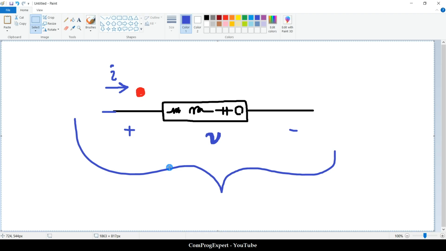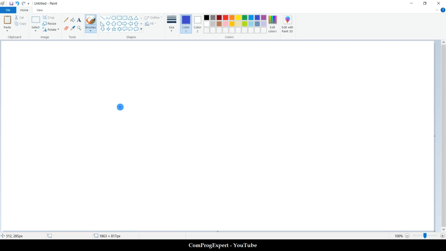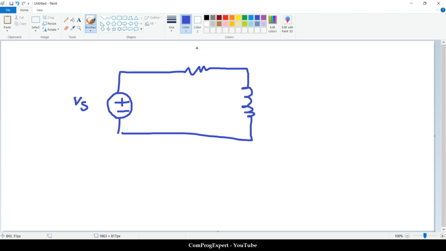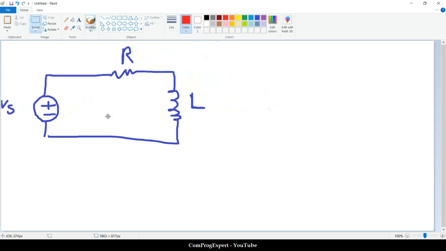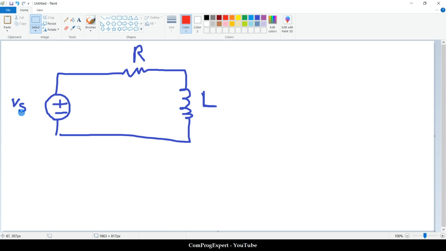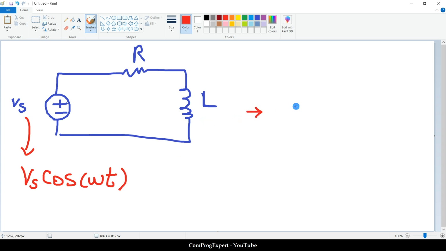Here is an example. Suppose we have this source, Vs, this is a resistor and this is an inductor, R, L. When we have this source with amplitude Vs peak value times cosine of omega t, in the frequency space we have Vs with angle 0, right?